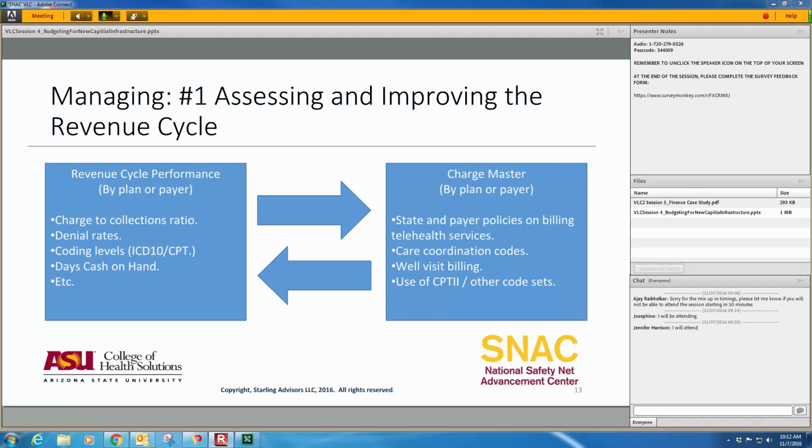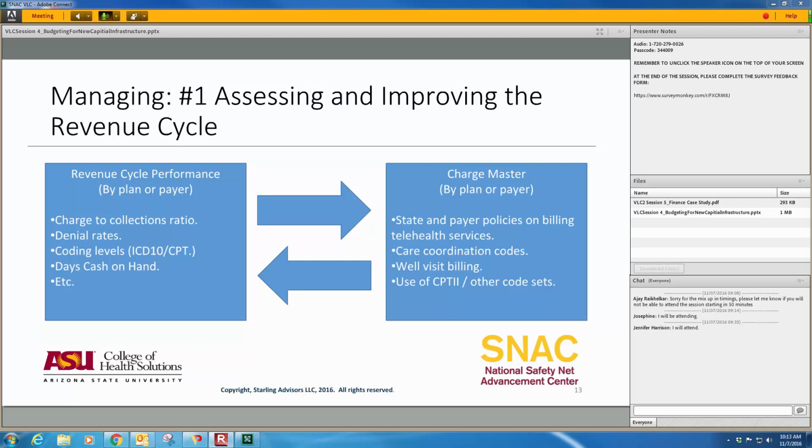This way, should you experience shifts in payer mix tied to new reimbursement models or Medicaid expansion or managed care expansion, you'll have an understanding of how that will impact your business. Again, do that by plan, by payer. We think it's particularly important to look at it by plan in marketplace plans, which have a lot of variation.